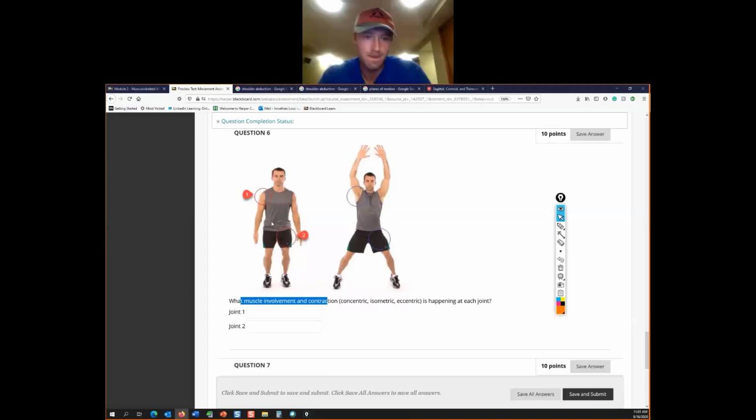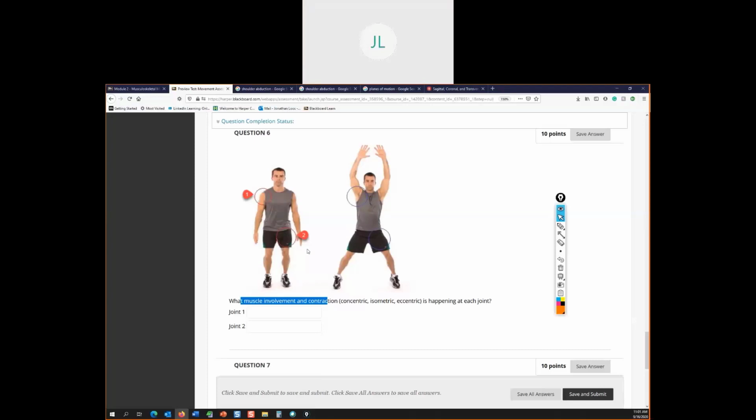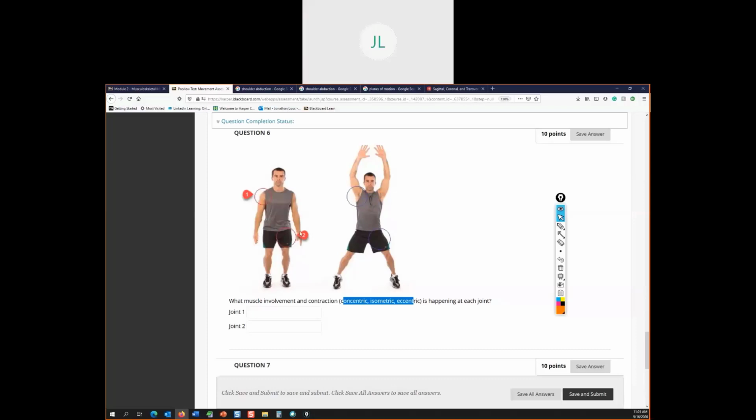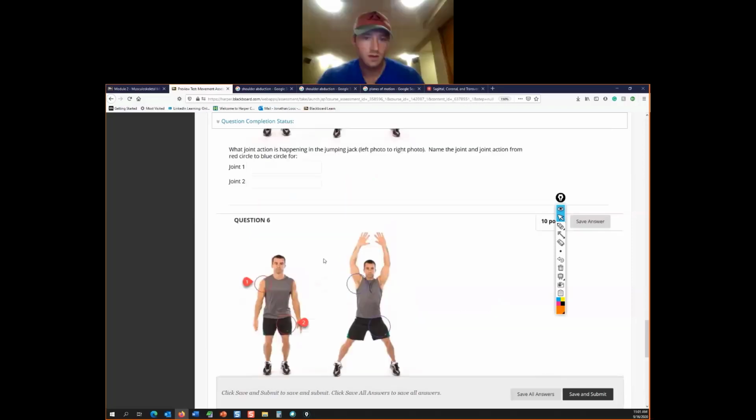What muscle involvement and contraction? So hip abductors and shoulder. Yeah, it should be abductors. So did you put the type of contraction? Yeah, I put concentric for both. Okay. So shoulder abduction, hip abduction, it should be concentric. It could be a spelling error, but I'll take a look at that and see.